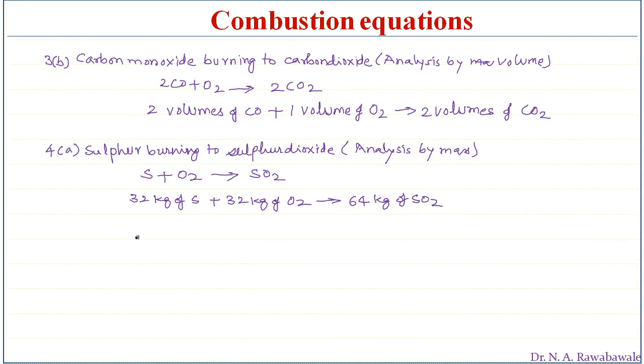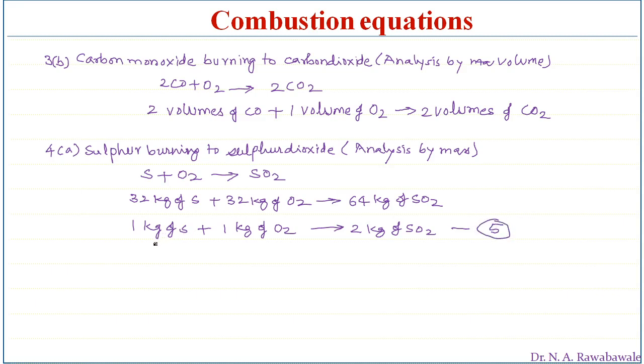Dividing above equation by 32 throughout, we get 1 kg of sulfur is burned in presence of 1 kg of oxygen, producing 2 kg of sulfur dioxide. We can call this as equation number 5.